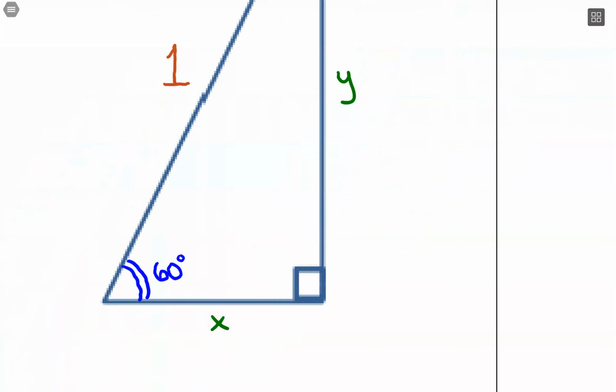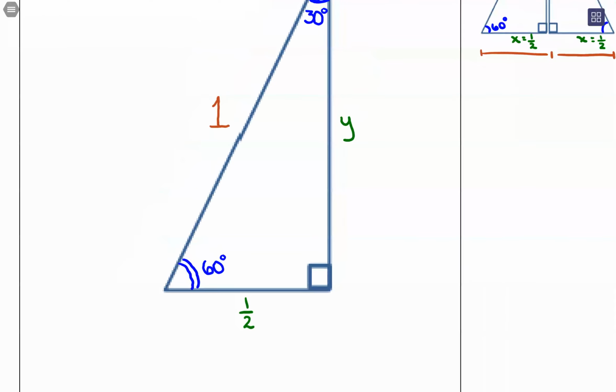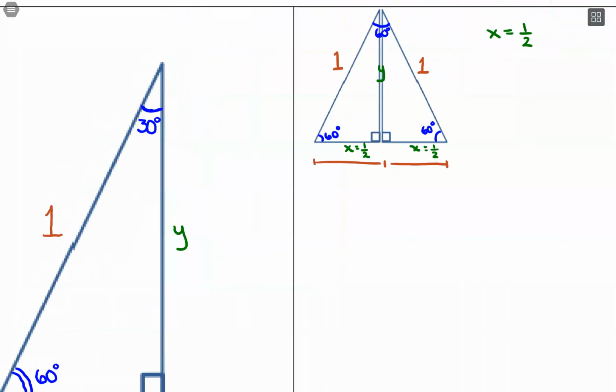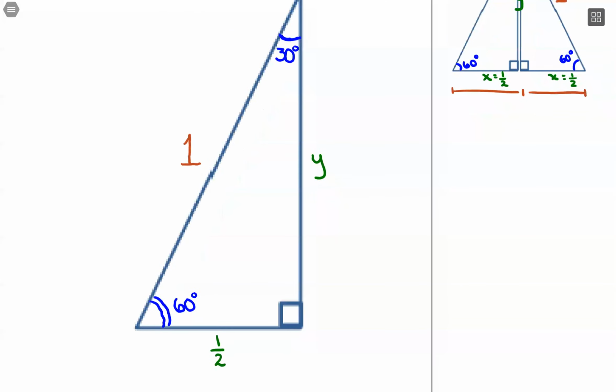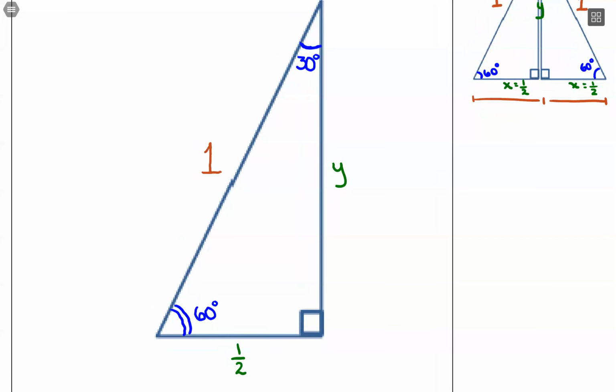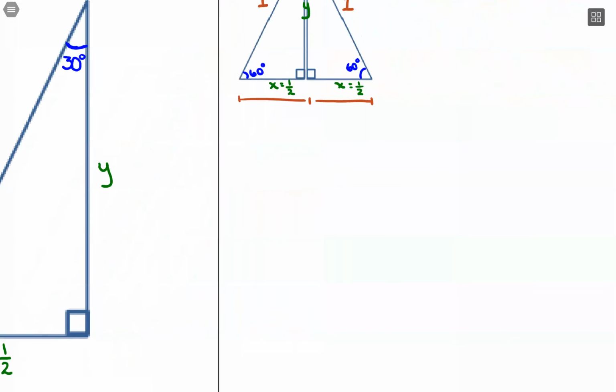So with that we can fill in the blank down here. So that's our short side, is 1/2. Now to solve for the long side, we don't really need to use that equilateral triangle anymore. That helped us get the 1/2, because now we have a right triangle where we know 2 of the side lengths, but we're missing 1 of the legs. And with that, we can use the Pythagorean theorem. So our hypotenuse is 1, and then we have a leg of y and a leg of 1/2.